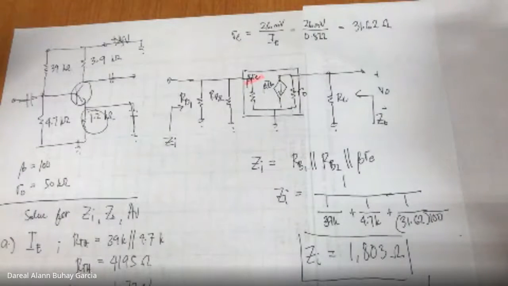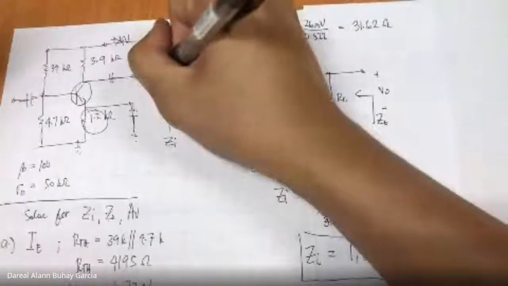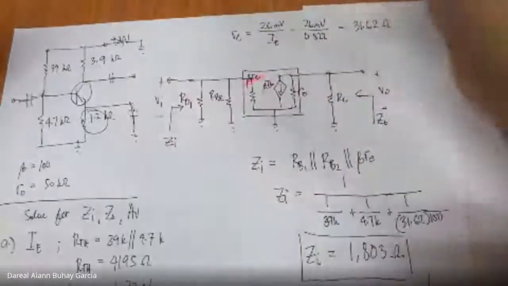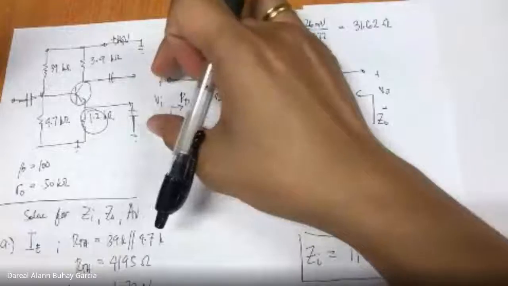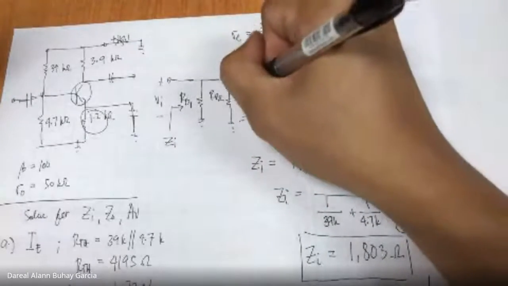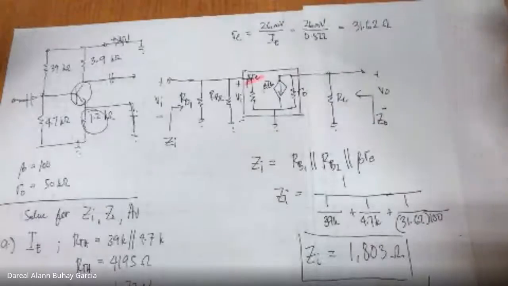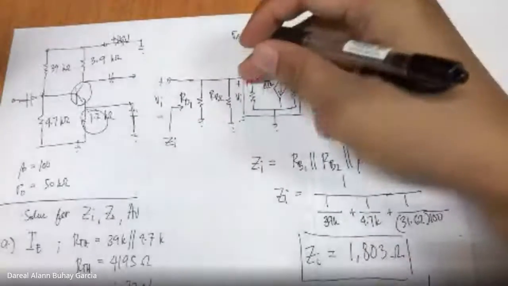VI is equal to IB times beta RE. VI, no? Nakaparallel naman sa tanan. So, VI is still the voltage drop here, no? VI gyapon eh. Parallel na sa tanan. So, VI is here.